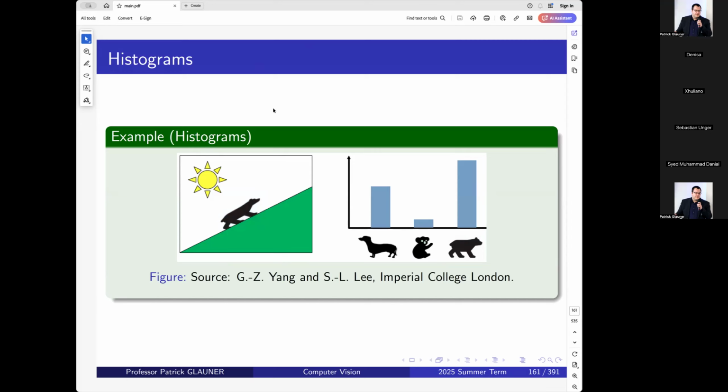So this already works somewhat better than our template matching, because with our template matching from before, we would have not found this bear, because the bear is rotated and deformed. And that would have not worked at all with our approach before. So with this histogram approach, we can already find more complex variations.